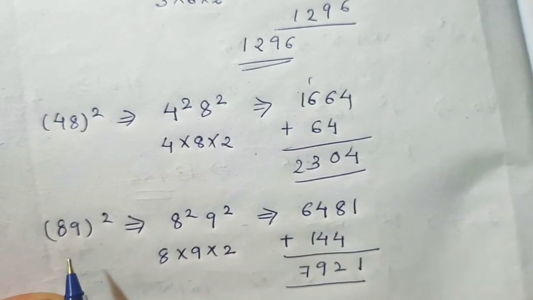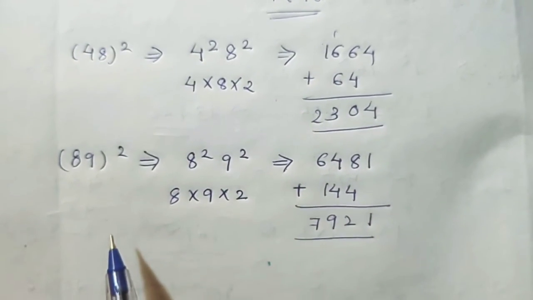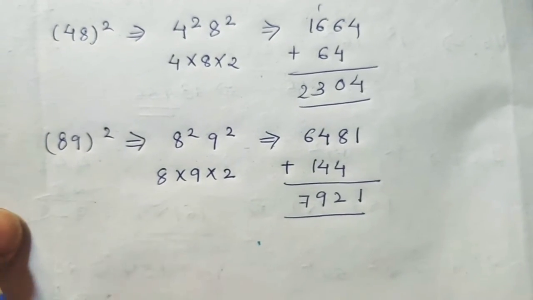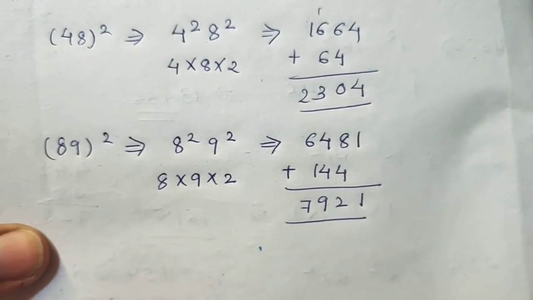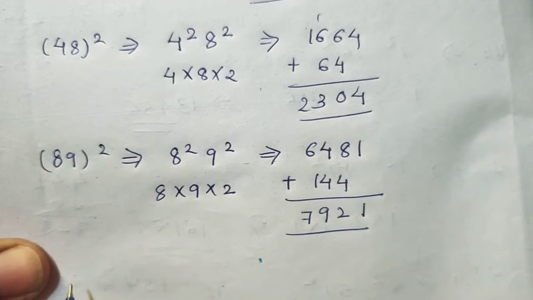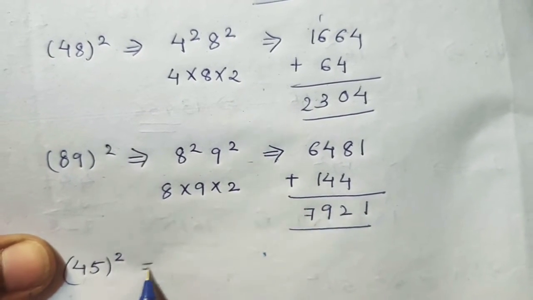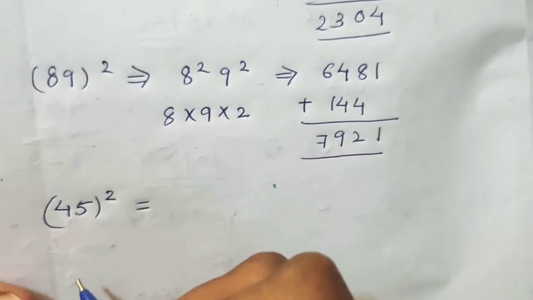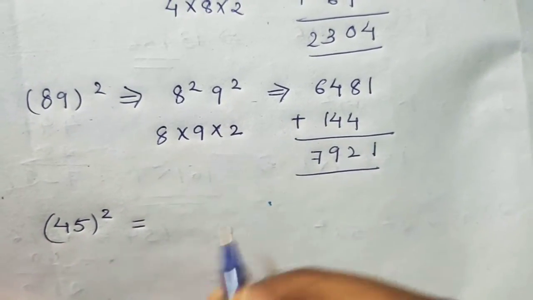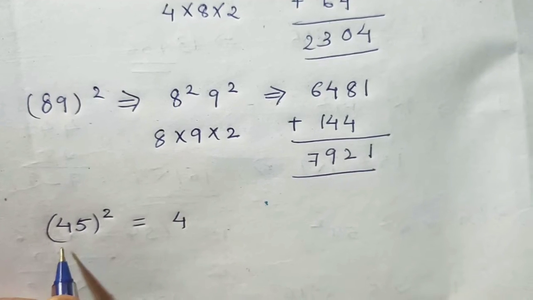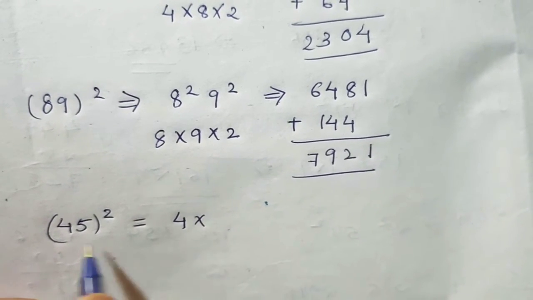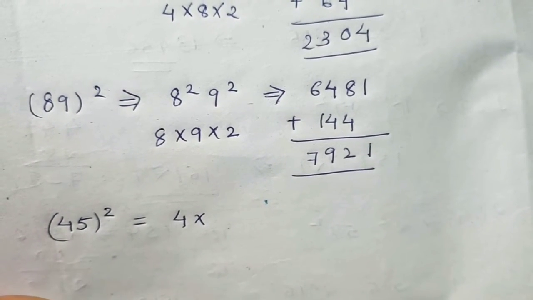Suppose the last digit is 5. Suppose we take an example of 45. For this we have another process. We have to write this 4 as it is. Then we have to add 1 to this 4.